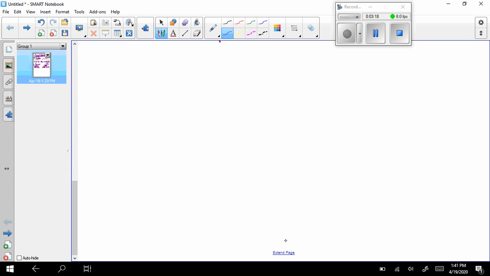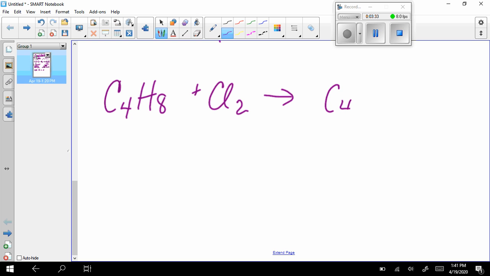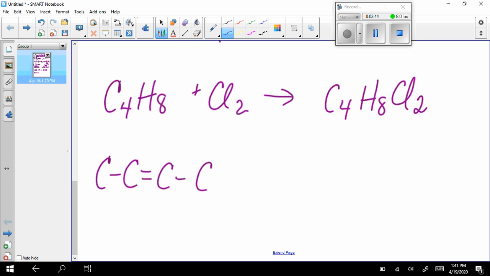I'll just show you another one just to give you another example. Let's say I have C4H8 and I add chlorine to it. What I would end up with is C4H8Cl2. They would all come together. And my C4H8, let's say it looked like this. There it is. Its name would be 2, and then 4 carbons is bute.